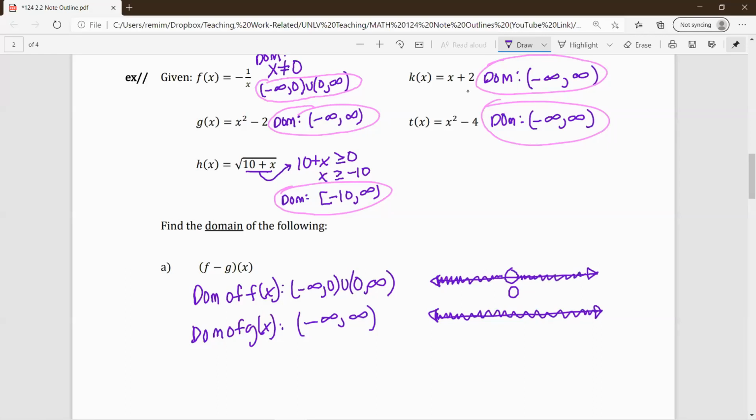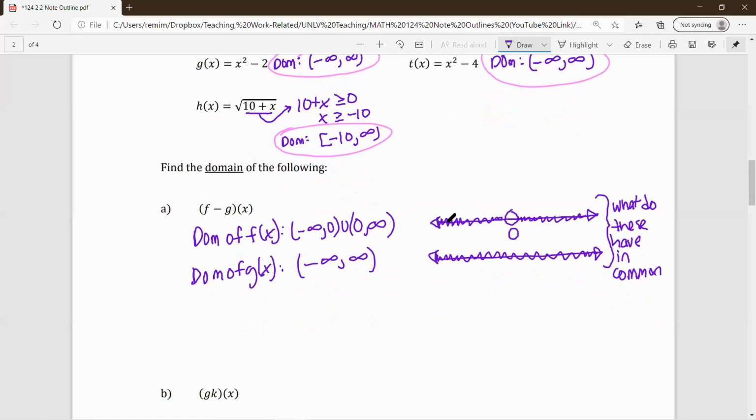And then once you've done that, you ask yourself this question. What do these have in common? So you just compare these two number lines and basically say, where are they both shaded at the same time? Well, this one's shaded here, skips over 0, keeps going forever. This one's shaded everywhere.